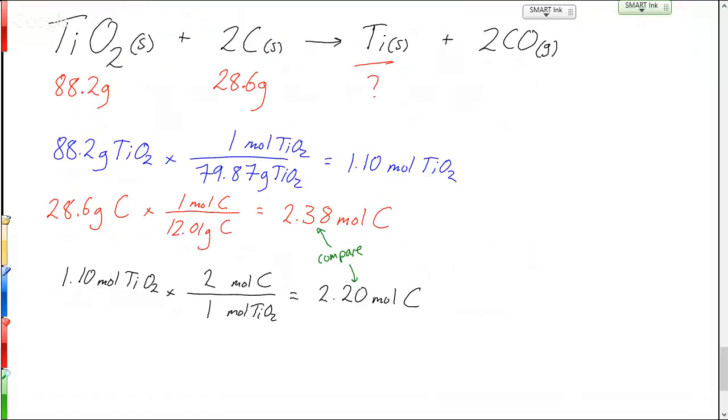And what does that comparison tell you? We have more than we need, or we need more than we have? We have more than we need. The bottom equation tells us that we need 2.2 moles of C. We have 2.38. So that means we have more than we need.